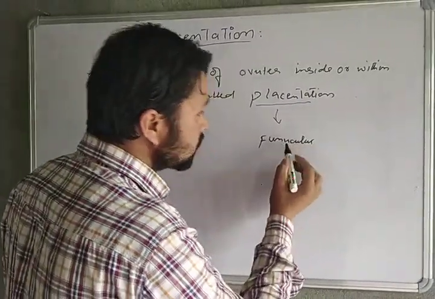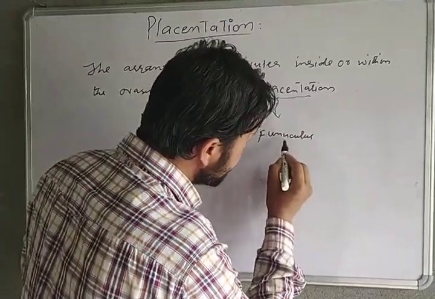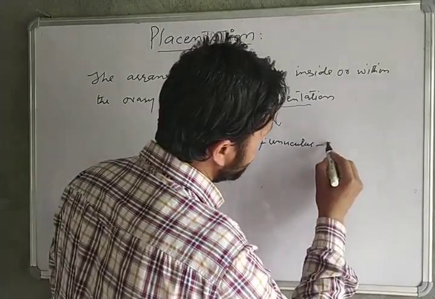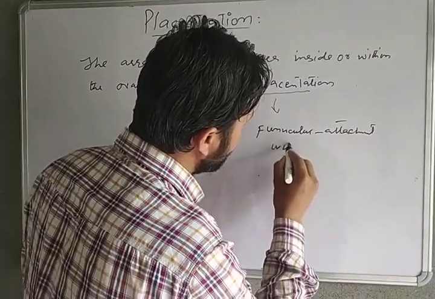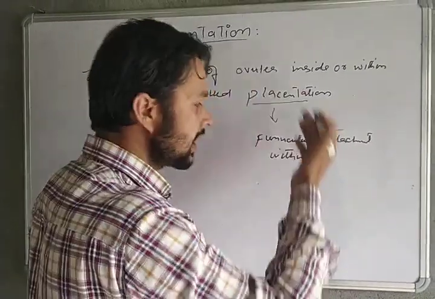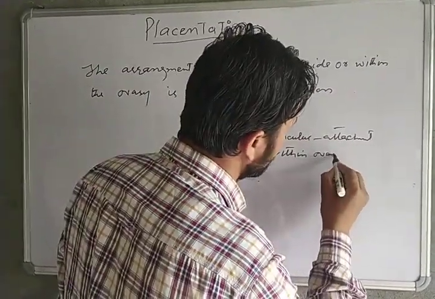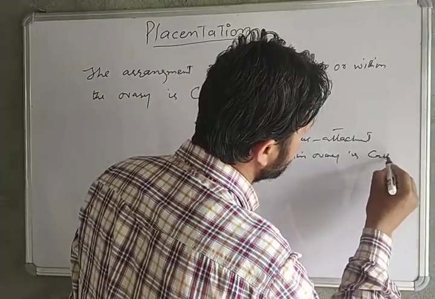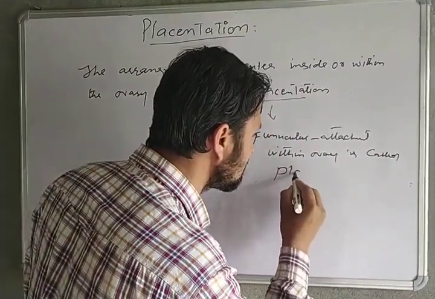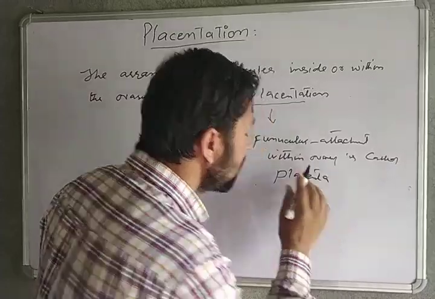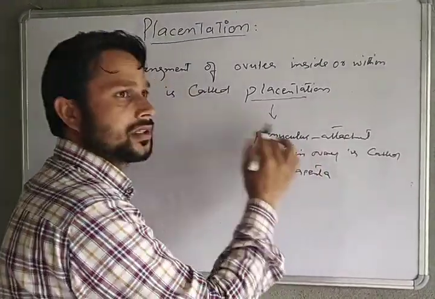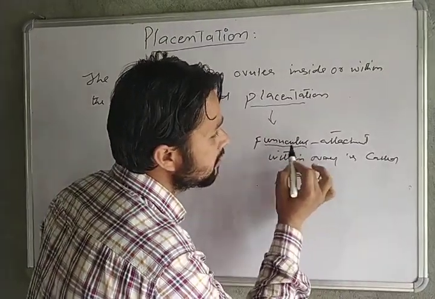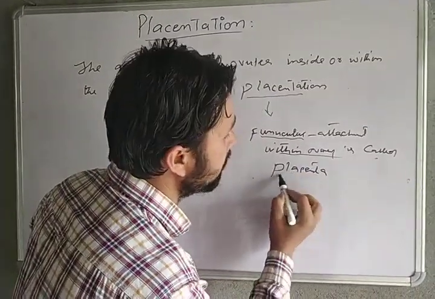So we can also say the attachment of funiculus within the ovary is called placenta. Placenta is basically the attachment of funiculus. The areas where funiculus remains attached within the ovary are called placenta.